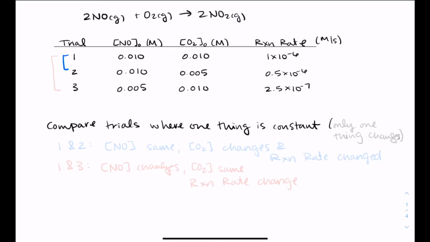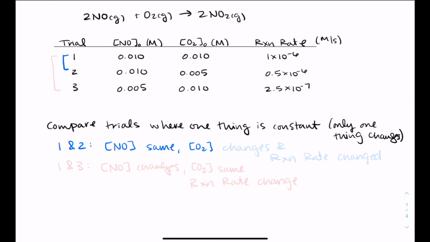So I'm going to compare these 2 trials. You'll compare trials where one thing is constant. So we have 2 reactants. We're going to isolate the change to just one of them and see how the rate is affected. So for trials 1 and 2, my NO concentration doesn't change.